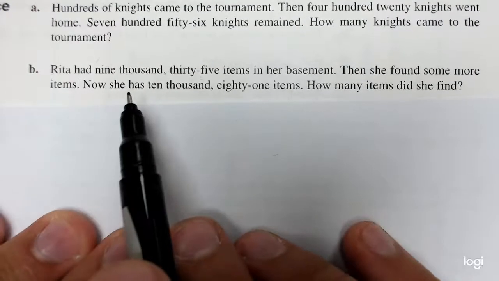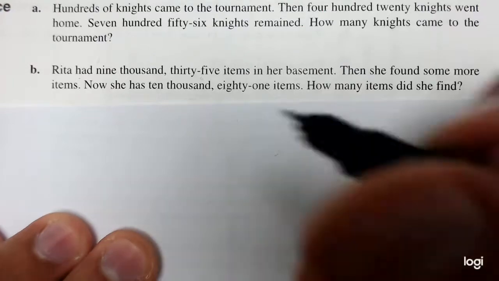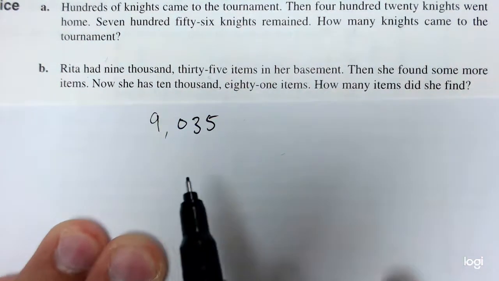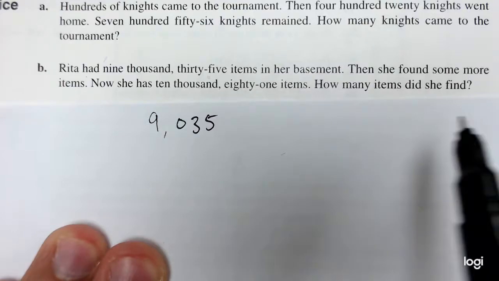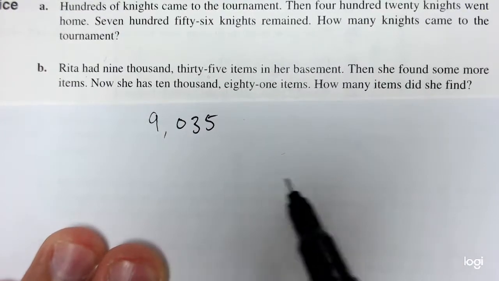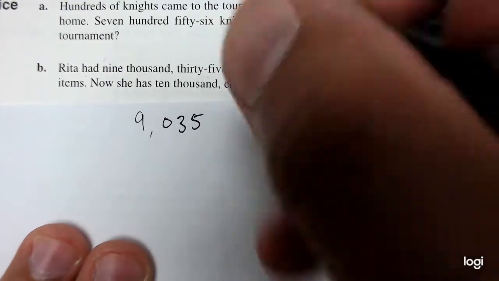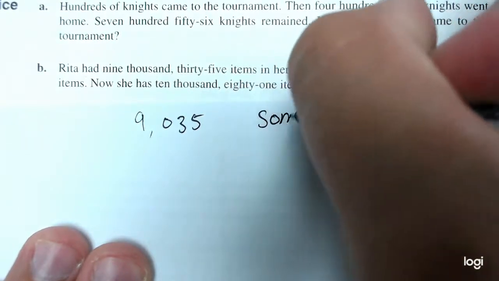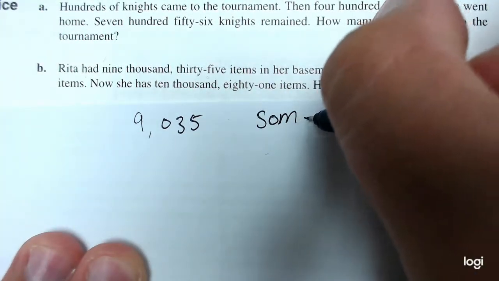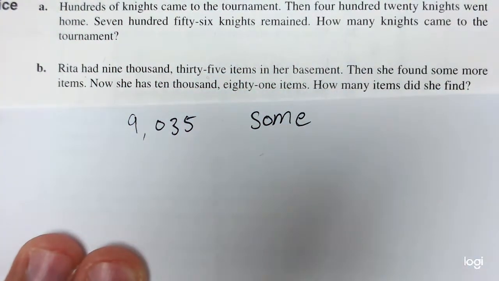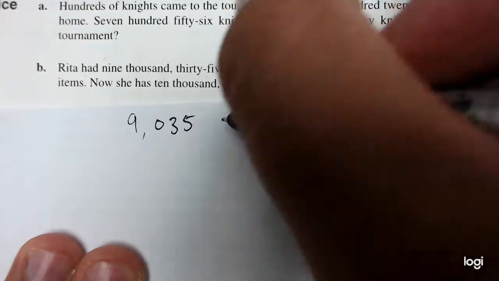So it says Rita had 9,035 items. So how do I write the number 9,035? Well, I put 9, comma, 035. All right, so I've got 9,035. It says then she found some more items. I don't know what number of items that is, so I'm going to put the word sum. And then if she found some more items, is that addition or subtraction? You're right, it's addition.